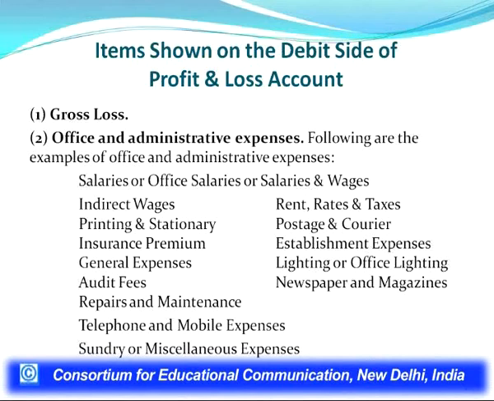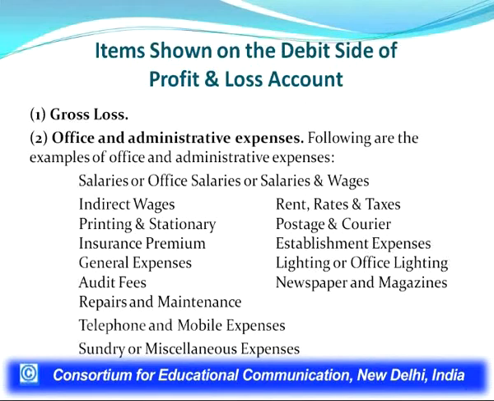Then postage and courier. Postage and telegram term was used previously, but nowadays the telegrams are not used and no telegram facility is available. Some time back the last telegram was sent and now this facility is not available. So, nowadays there will be the postage charges, speed post charges, courier charges.